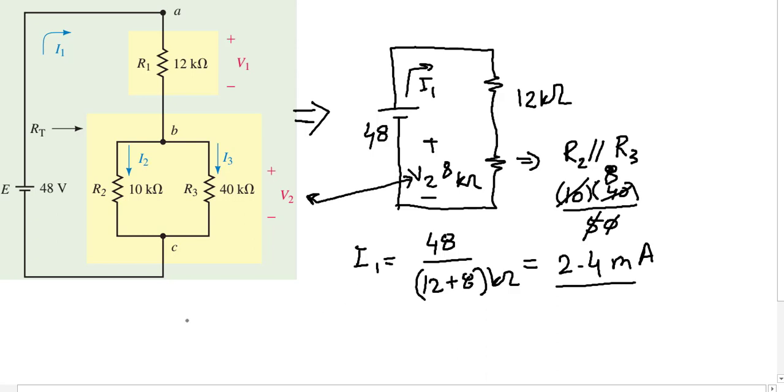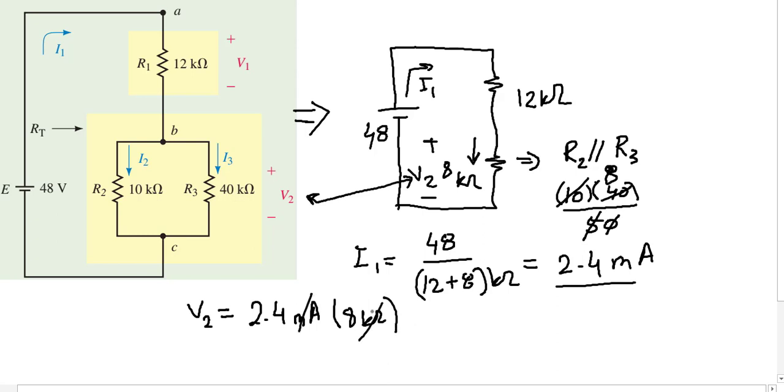Okay, this voltage V2 equals the current that passes through this resistance, this current I1, multiplied by 8. So V2 is 2.4 milliamperes multiplied by 8 kilo ohms.